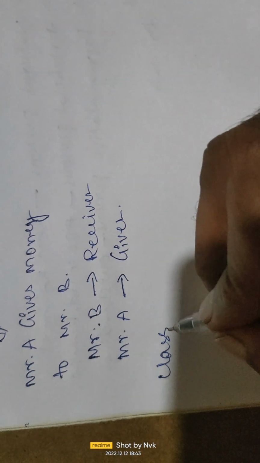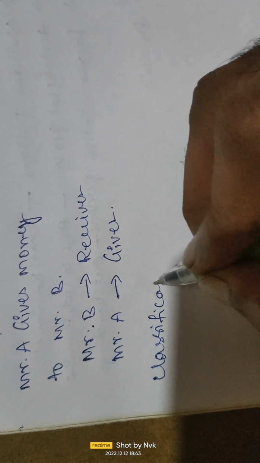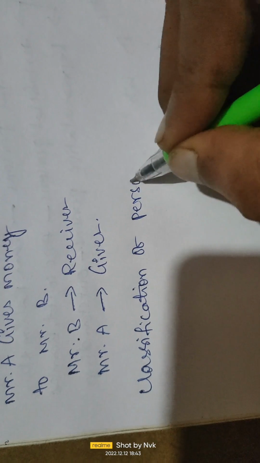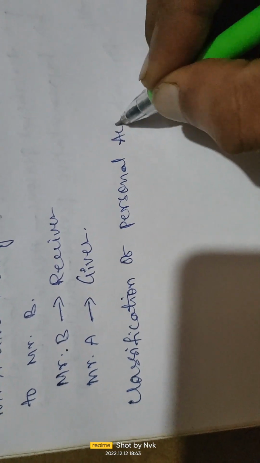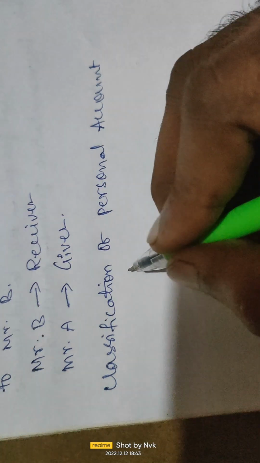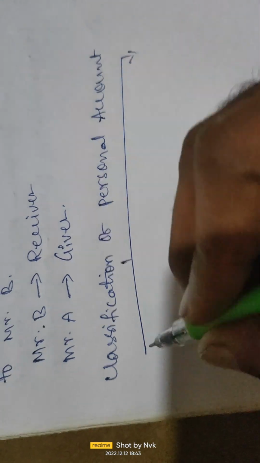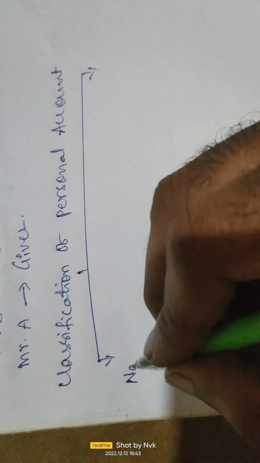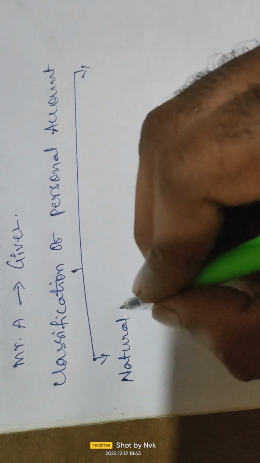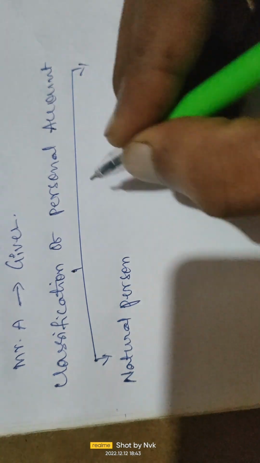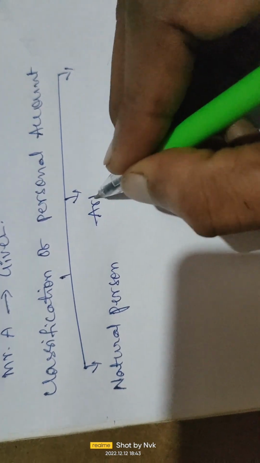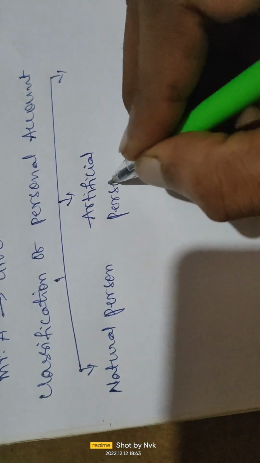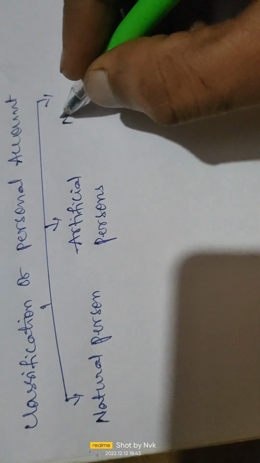Here I will write the classification of personal account. This classification has three different types: the first one is natural persons, the second one is artificial persons, and the third one is representative persons.